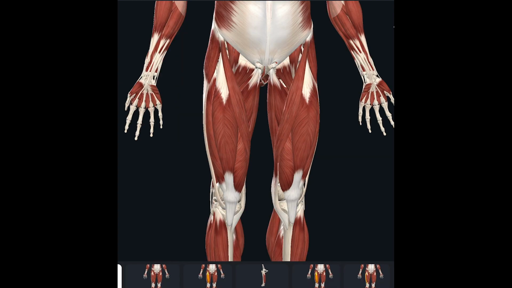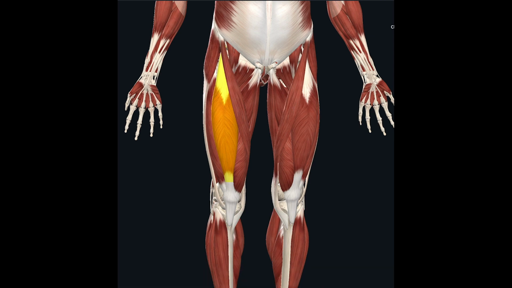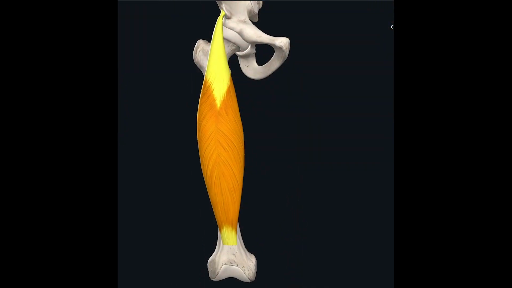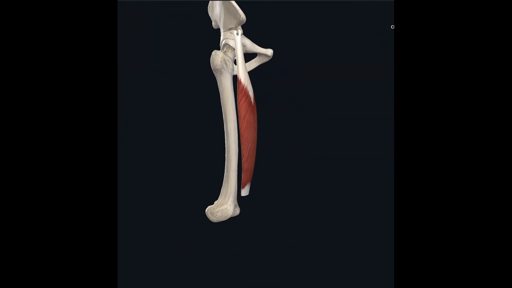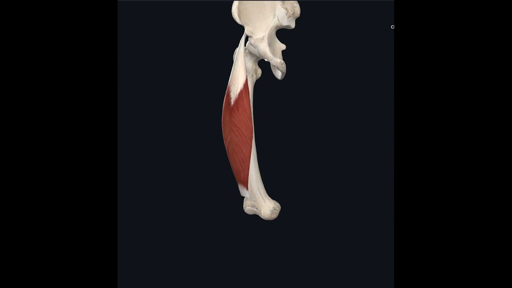The first muscle of the quadricep group is the rectus femoris. And the rectus femoris is the only one that you need to know the origin for. And its origin is up on the os coxa, on the anterior inferior iliac spine.